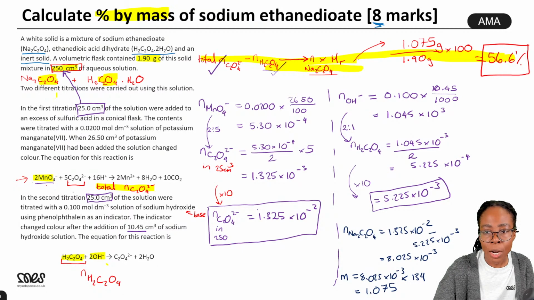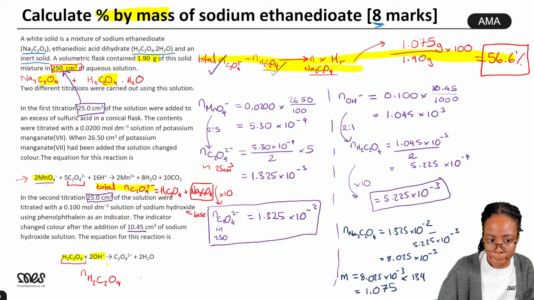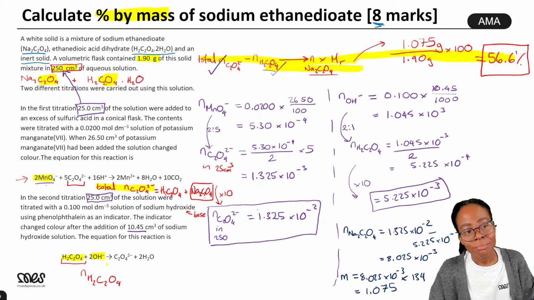So to find the number of moles of the sodium ethanedioate, we subtracted, because the total was our H2C2O4 plus our Na2C2O4. So to find just the Na2C2O4, we had to subtract the H2C2O4 from the total. Once we had the moles of that, we can just plug it in.